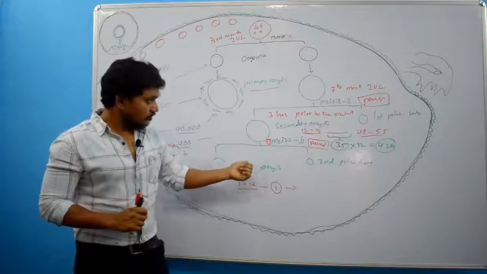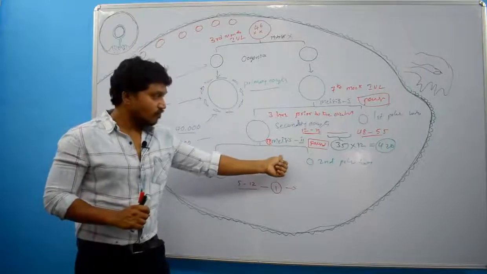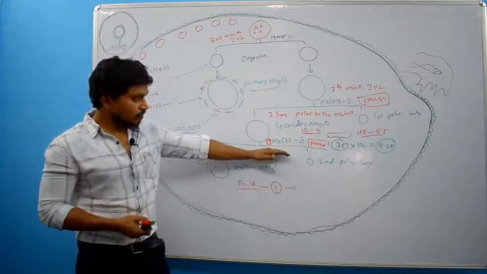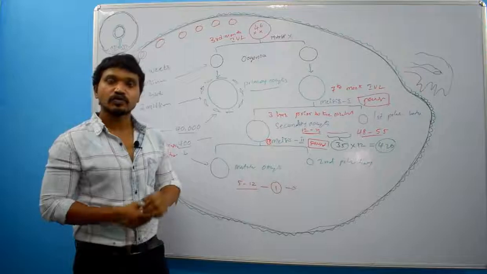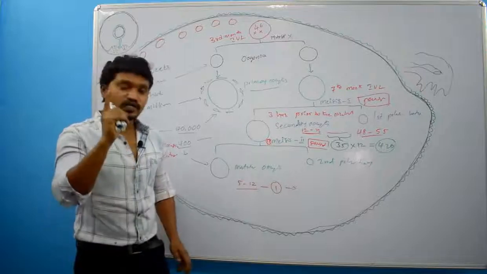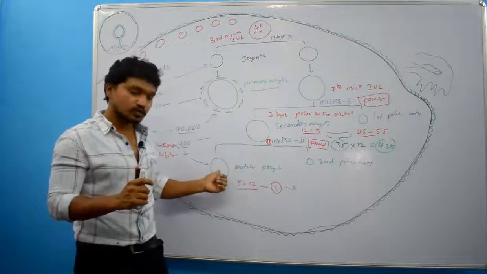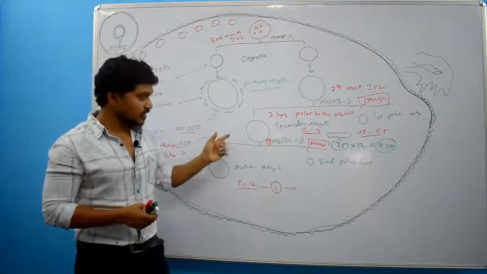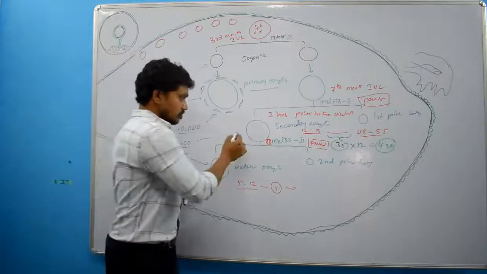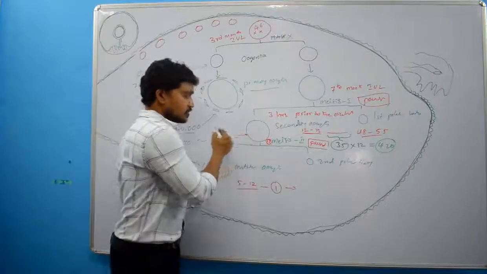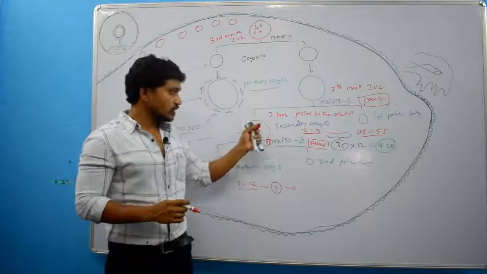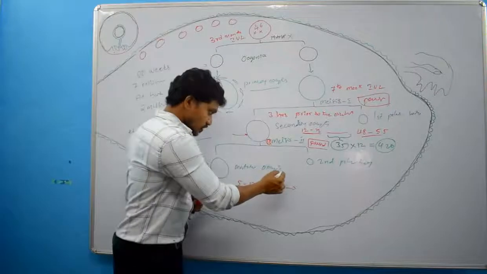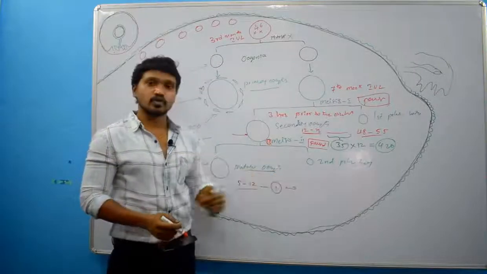But when will it be released, that means when will it complete meiosis 2? Actually, meiosis 2 will complete only if there is union of a sperm with the secondary oocyte. If a sperm comes and touches it, only then does it complete the second meiotic division, and there will be production of a mature ovum and the second polar body.